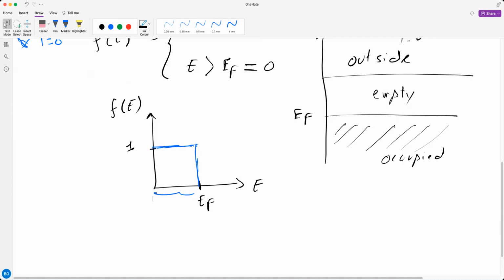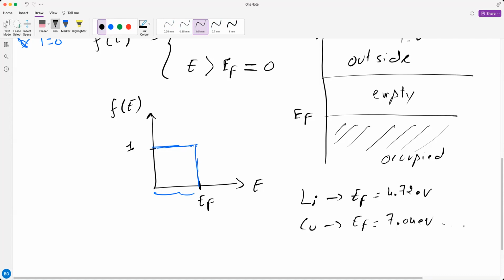Now the Fermi level is one of the characteristics of metals. For example, the Fermi level of lithium is 4.72 electron volt. For copper, for example, it is 0.4 electron volt, and so on.